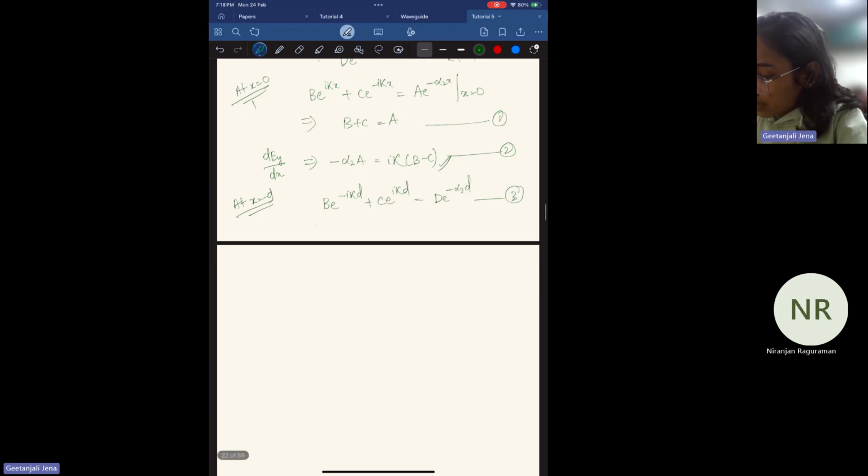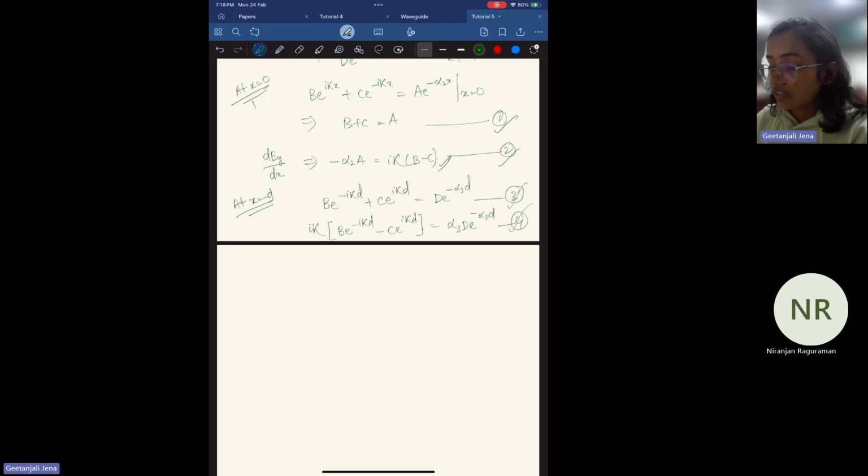And the derivative will give i kappa times b e to the power minus i kappa d minus c e to the power i kappa d equal to alpha 3 d e to the power minus alpha 3 d. So just simplify these four equations to eliminate the constants a, b, c, d. We have four equations and four constants.